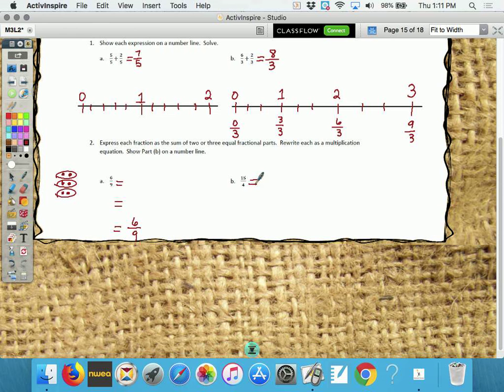Over here, it's the exact same thing. Repeated addition, multiplication, write the answer. By the way, is 15/4 more or less than 1 whole? More. Okay, so my array for 15. Any ideas? 5 plus 5 plus 5?